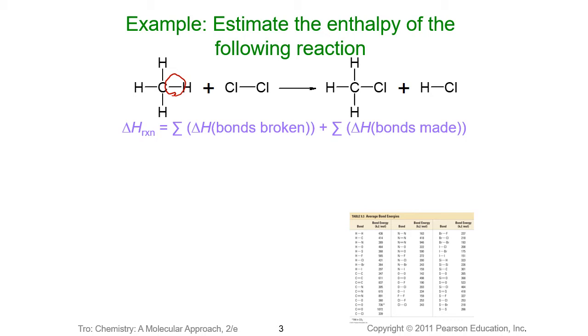I'm going to record these. So, bonds broken. We have 1 mole of carbon-hydrogen bond broken. It's a little hard to see on the table, but this gives us an enthalpy of 414 kilojoules per mole.